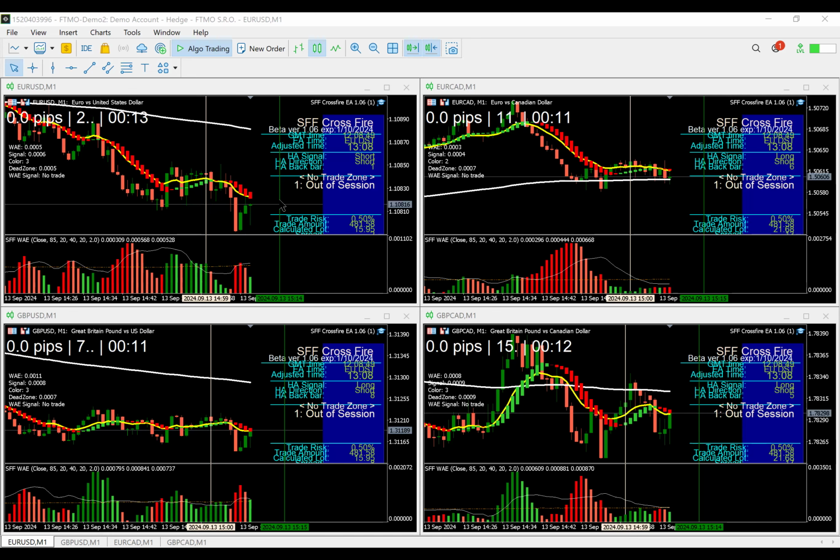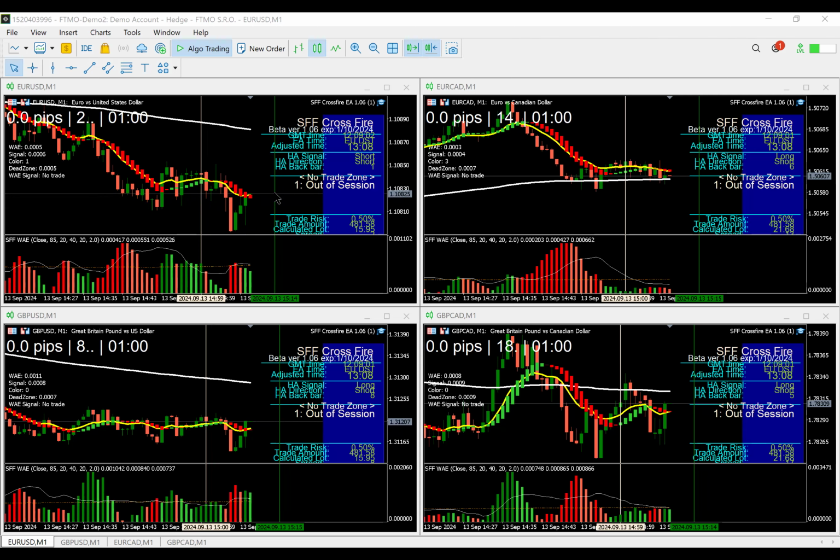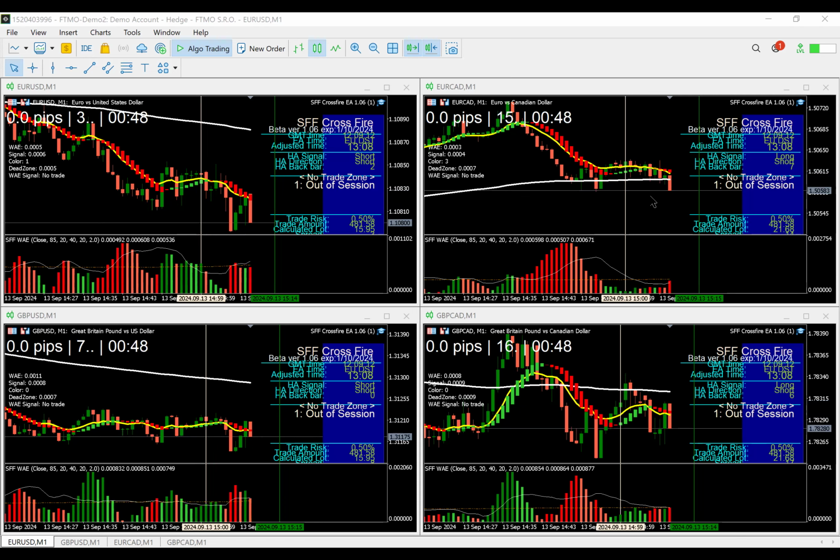In fact, no, what I'm going to do is point out one of the things that we're looking for. The latest tweak that we did to the settings is we're waiting for the 13 MA, which is the yellow line, to cross over the 200 MA. If it doesn't cross over, then we don't get any trades.